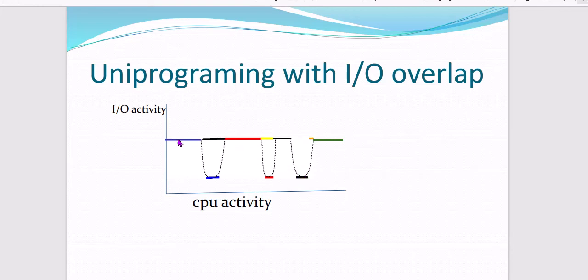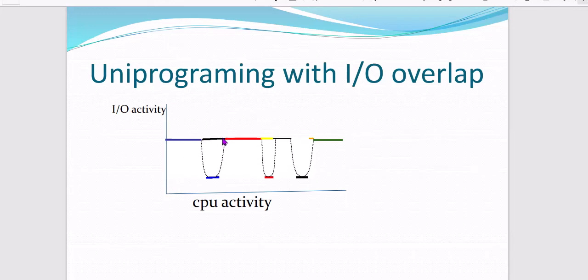Okay, so uniprogramming with input-output overlap looks like this. At this point in time, just where the cursor is here, the blue program actually needs to do some input and output. Well, okay, give it the subtask of doing the input or output activity to a specialized device. And during this time interval, allocate a different program to run on the CPU. I mean, maybe it runs to completion.